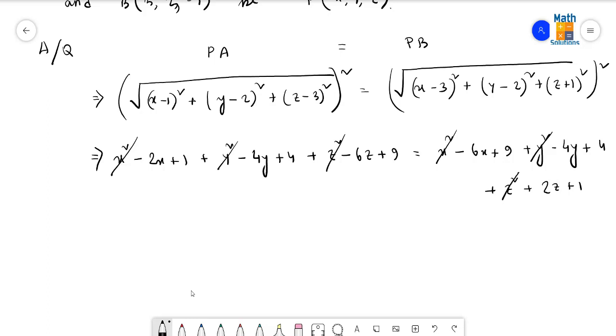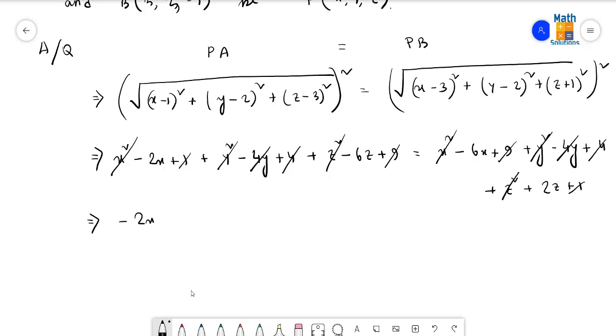Then after similar terms, 4 can get cancelled, 9 will be cancelled, 1 will be cancelled, and what is left? Minus 4y will get cancelled.